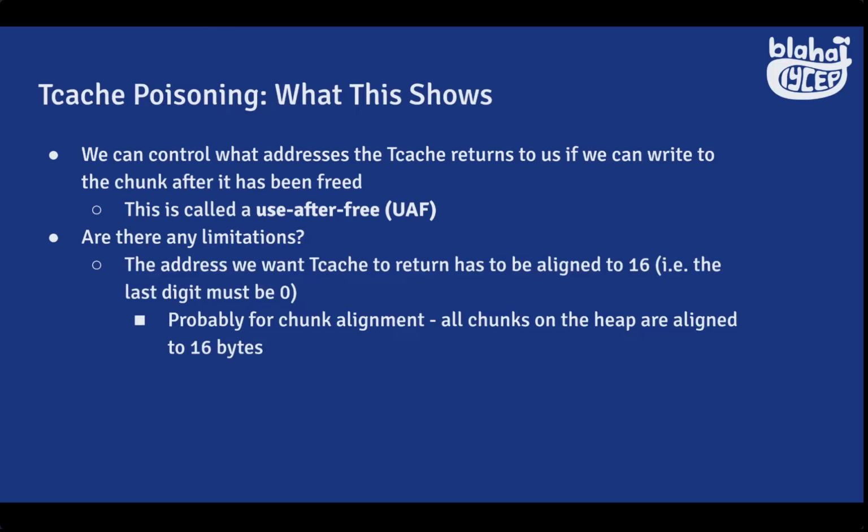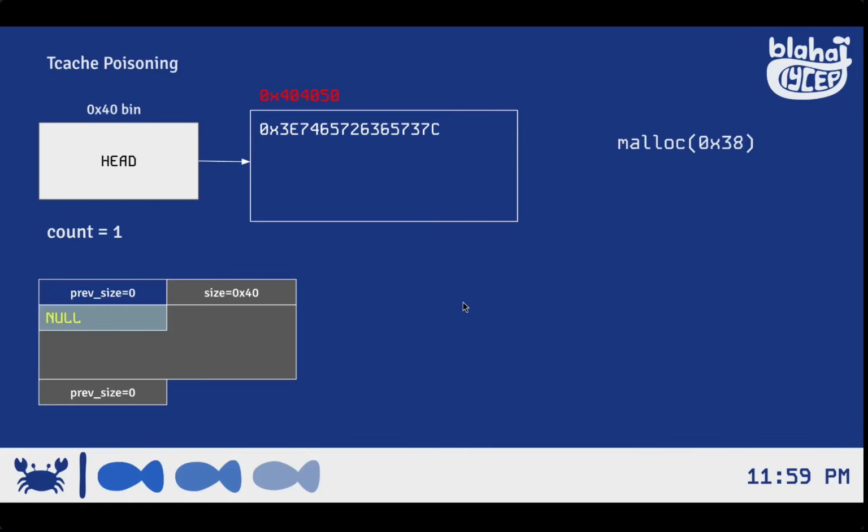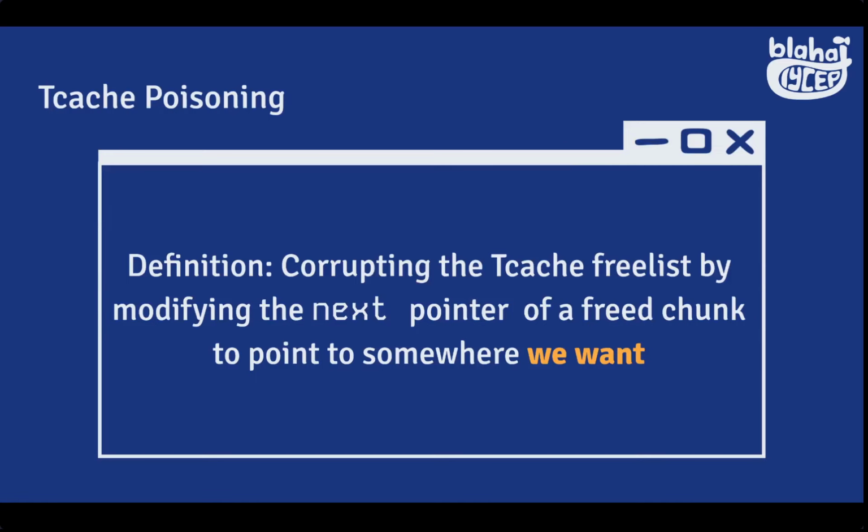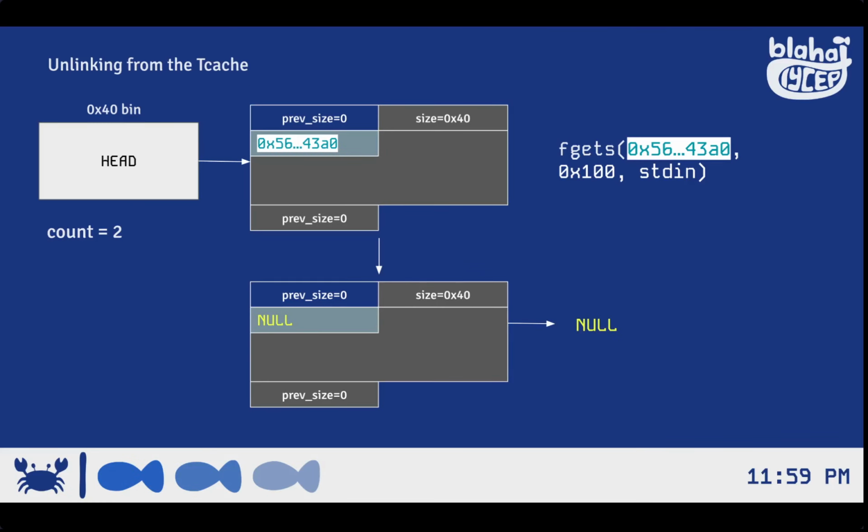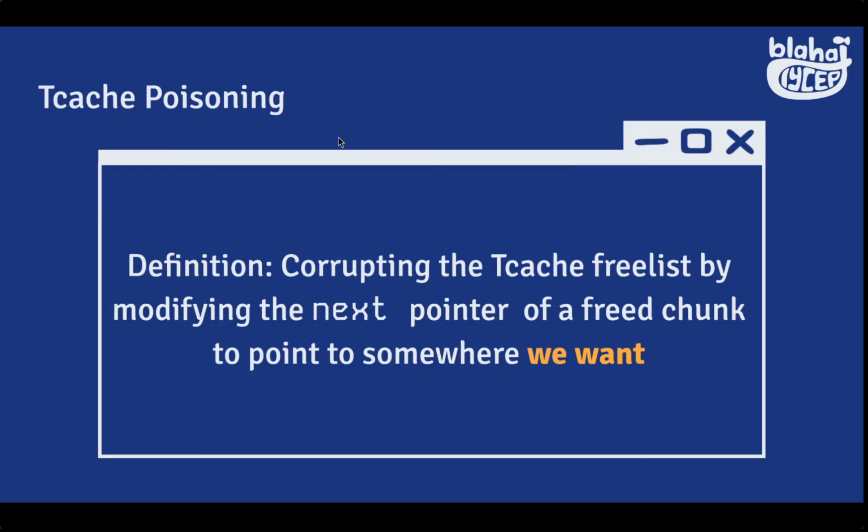And sometimes there might be some limitations. In this version, it's old enough that it doesn't care about whether the address is aligned. But in the newer versions, where there are more mitigations enabled in the Tcache, some restrictions might be that the pointer that you modify this next pointer to, this one over here, usually has to end with a zero in the last hex digit.